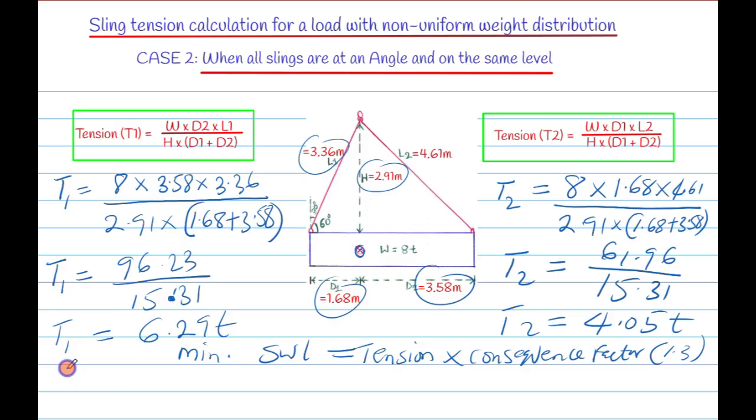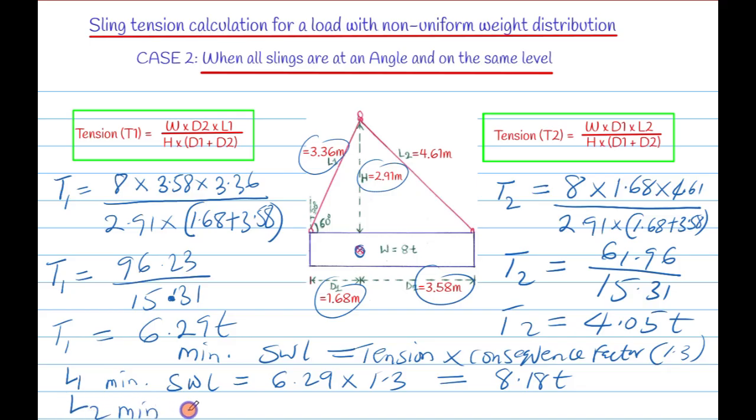So for L1, the minimum safe working load we need will be 6.29 times 1.3, which is the consequence factor. So this will give us 8.18 ton. And for L2, the minimum capacity, which is the safe working load we need, will be 4.05 multiplied by the consequence factor of 1.3.